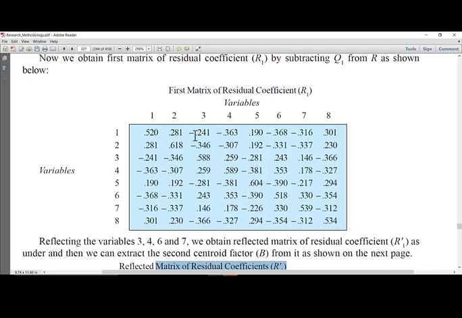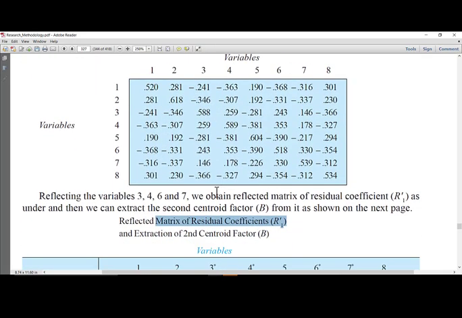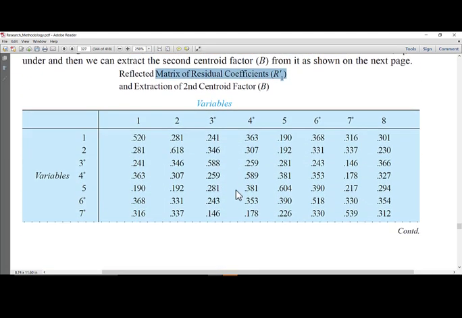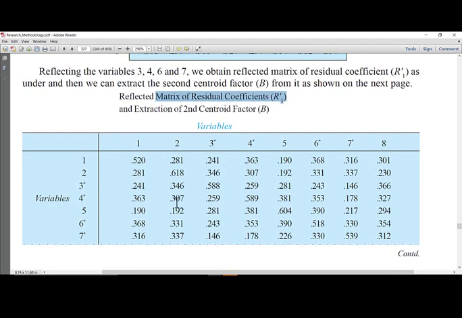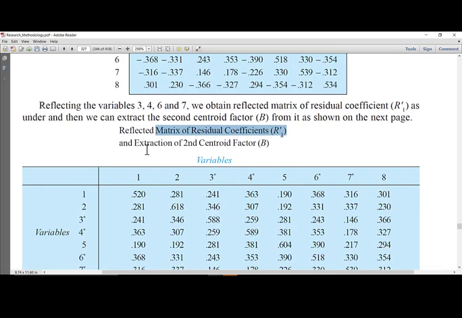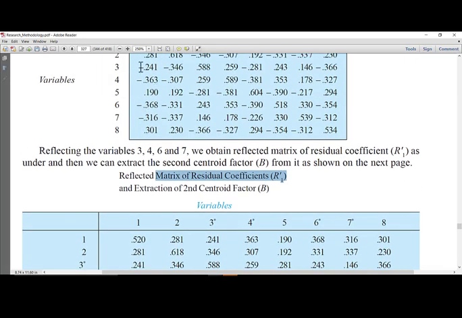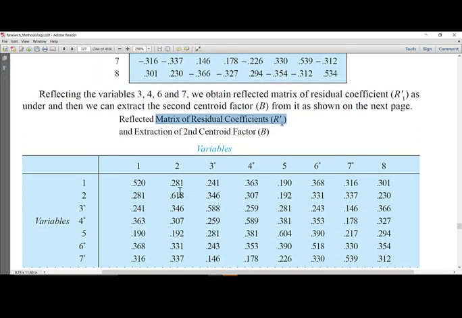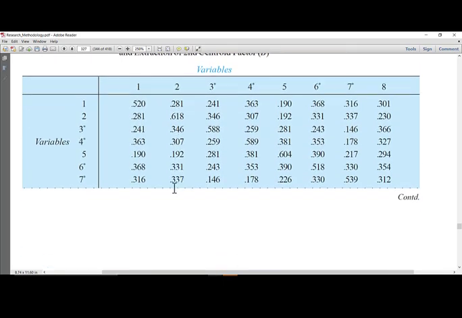So when we ignore these minus signs and write the reflections, that means minus converted to plus, then we have our R1 dash. And here you can observe these minus values, minus 0.241, minus 0.363, minus 0.368, minus 0.316, or any value with minus, all those are written as positive.